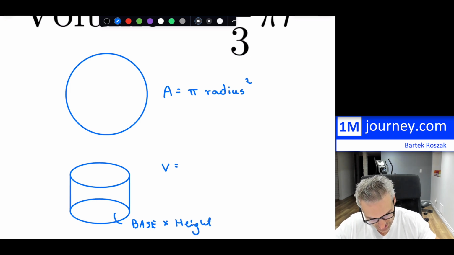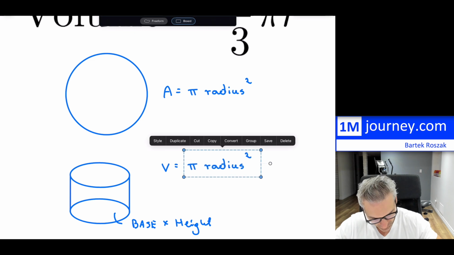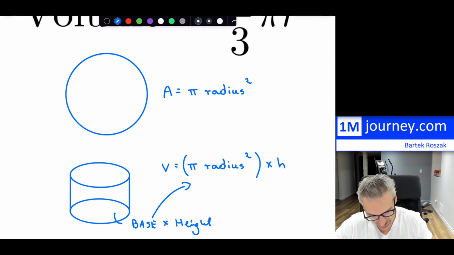For us, the base is a circle, so we need the radius, which would be right there. The height I'm going to designate simply by h.